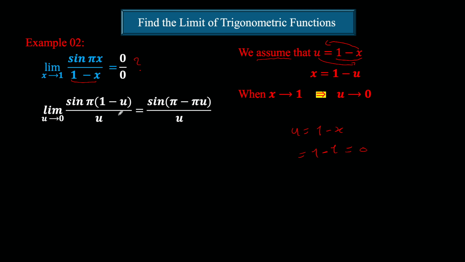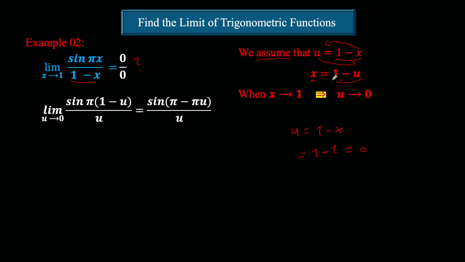So from here we rewrite our equation. We find the limit as u, in this case. So we change x here, and x here by u. So limit u approaches 0 for sine p, we didn't touch it. So x we substituted by, what is x here? x is equal to 1 minus u.